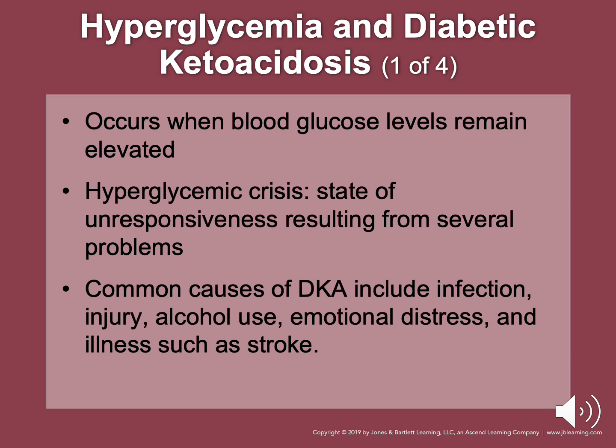So when serum glucose levels rise above the tolerable levels, diabetic ketoacidosis and hyperosmolar hyperglycemic syndrome occur. I talked about the effects earlier, just to review some of the causes: infection, injury, alcohol use, emotional distress, and illnesses such as stroke or myocardial infarction.